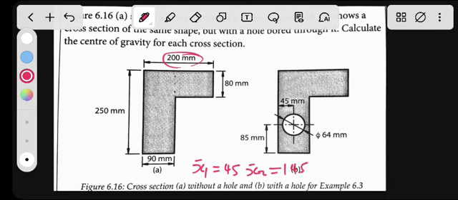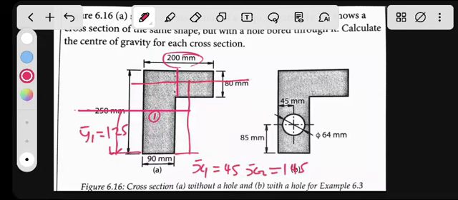What about y? For object 1, from the center going down to the bottom will be 250 divided by 2, which is 125 millimeters. Then from the bottom going to the middle of the second object will be 80 divided by 2, which is 40.